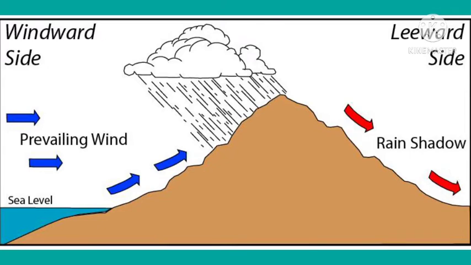The dry side of the monsoon is called the leeward side, and the rainless area on the leeward side is called the rain shadow. That side of the mountain where moisture-laden winds strike and bring rain is called the windward side. When the moisture-laden winds blow at right angles to the mountain range, we can observe these windward and leeward sides distinctly.